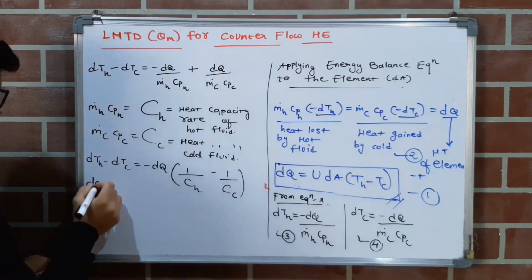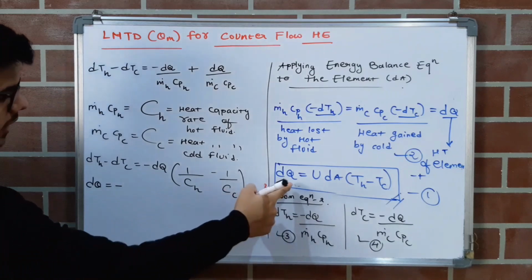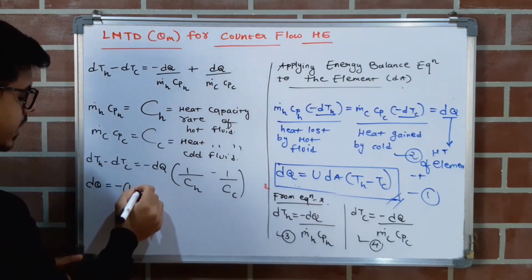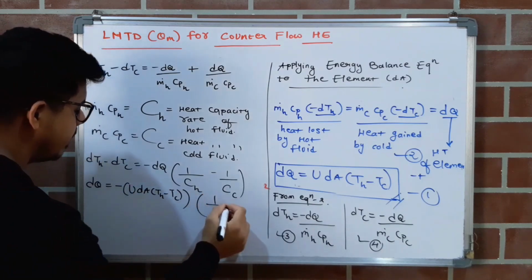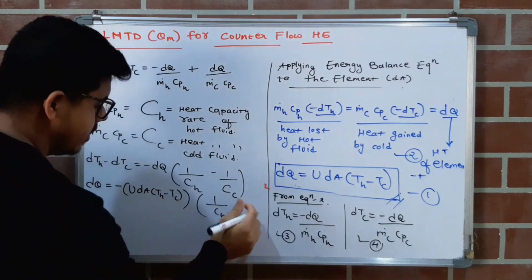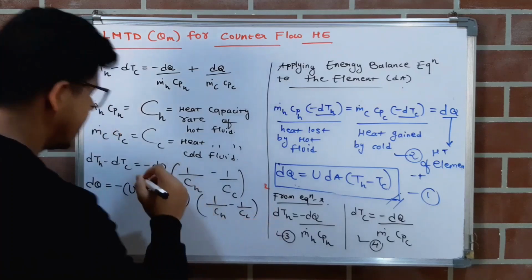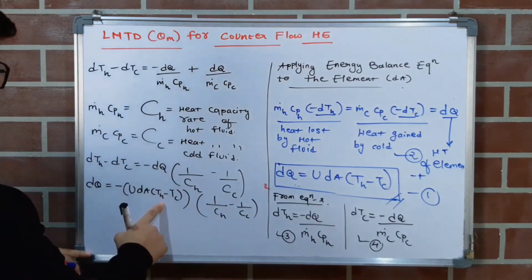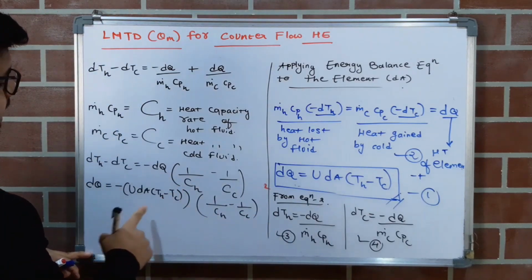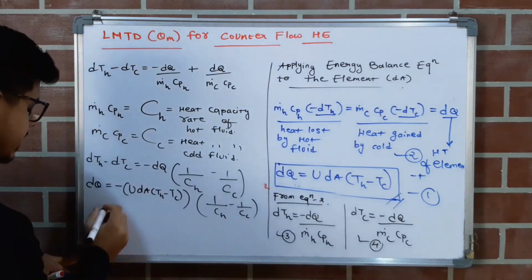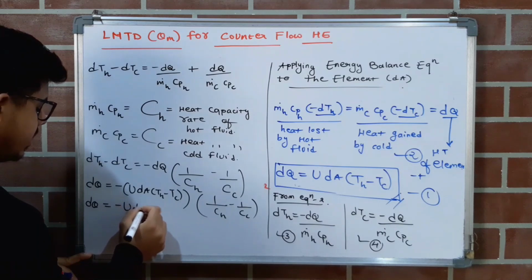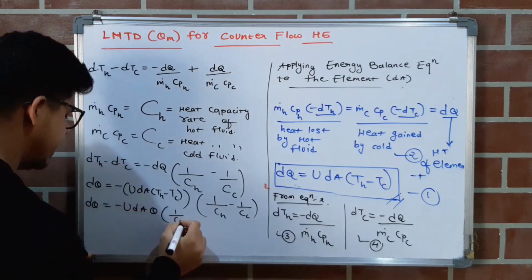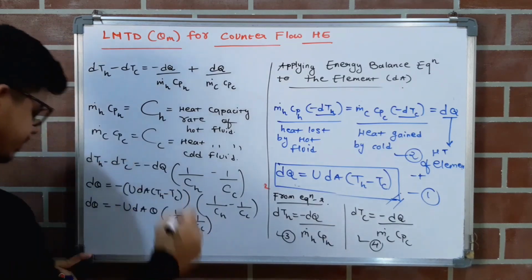So d theta is equal to minus, I will substitute this term, U dA into Th minus Tc into 1 upon Ch minus 1 upon Cc, right? What is Th minus Tc? Now only I discussed, it is theta. So d theta equals minus U dA into theta into 1 upon Ch minus 1 upon Cc.